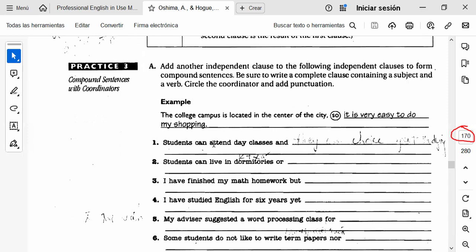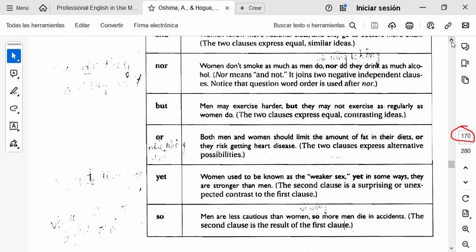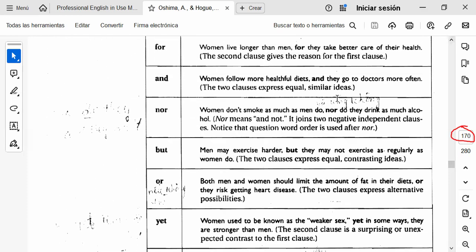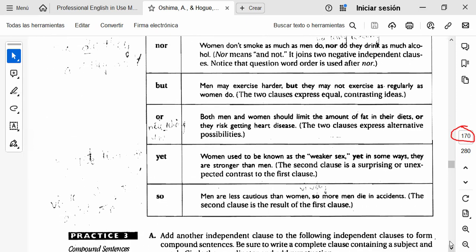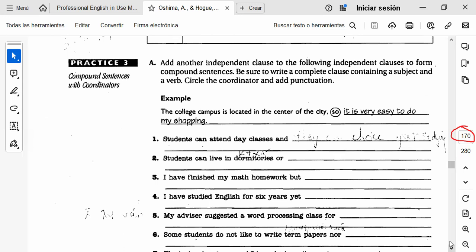Students can attend their classes, and... remember, clauses equal similar ideas.